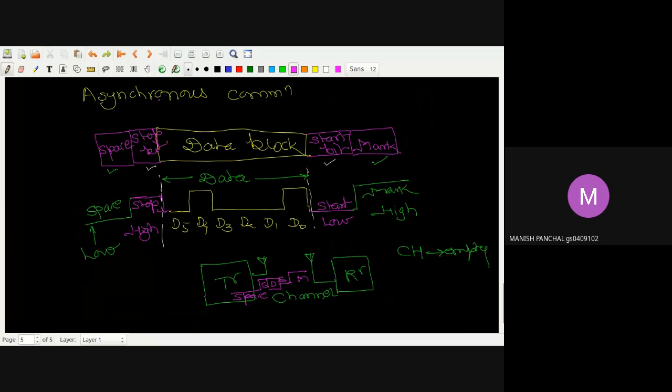Any answer for that? Okay, ये बताओ मेरे को कि दोनों में से कौन फास्ट है कौन स्लो है. Any answer? Synchronous will be fast और उसमें एक extra clock.